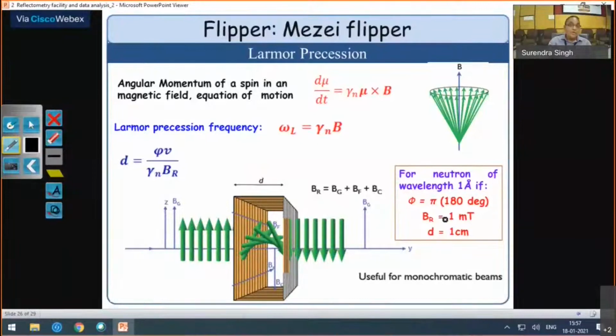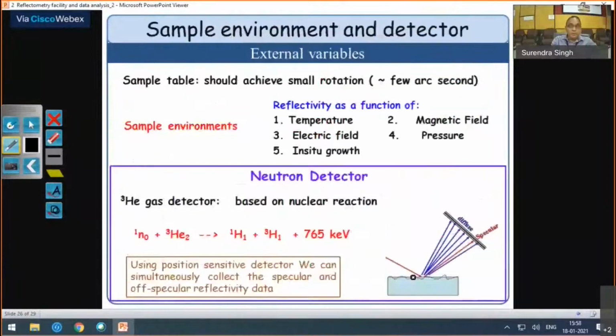You need a 1 millitesla applied field for a distance of only 1 centimeter to flip the spin of a neutron of wavelength 1 angstrom. This is the typical relation, and you can calculate it. So this gives you the simple flipper, that is, how to flip the spin of the neutron.